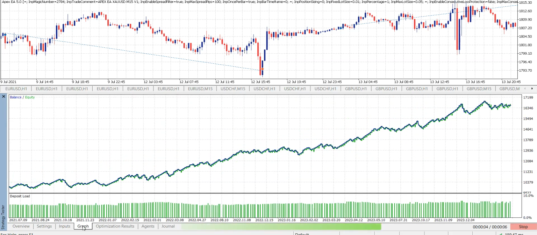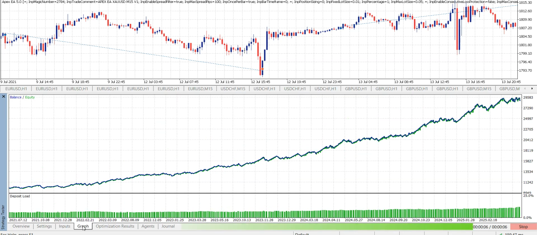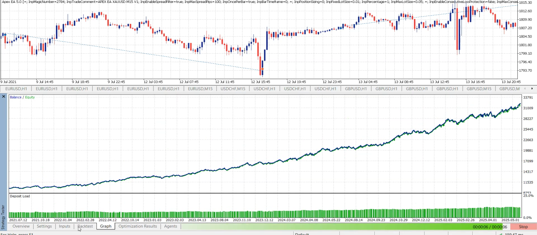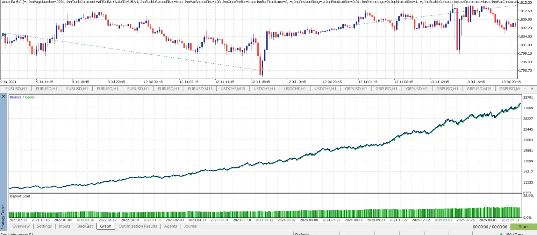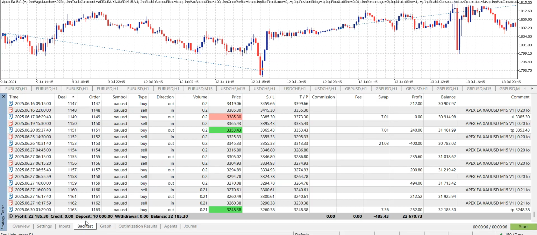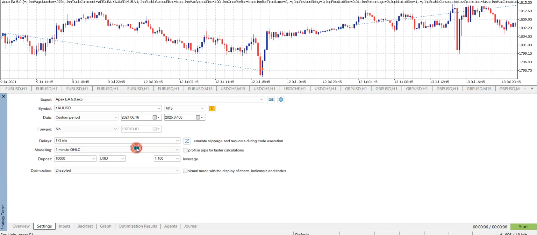Let's see. I'm going to run the every tick for you as well, because I want to be as transparent as humanly possible. Okay, so pretty good, and many more trades, which is great, and we are going to see how it is working out.